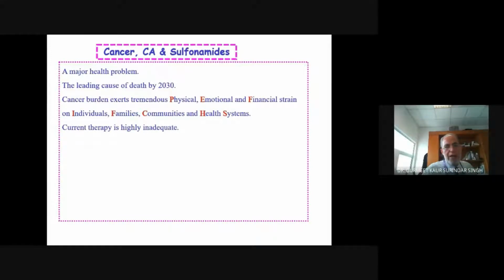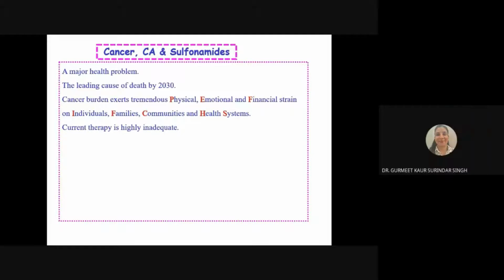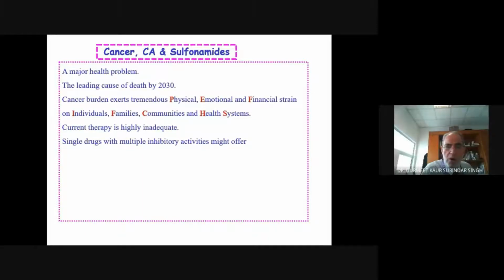Currently, the major treatment systems for cancer, radiotherapy, chemotherapy, or genome-based therapy, are not highly efficient, and some types of them are highly expensive, which people cannot afford. In this regard, scientists proposed to use single drugs or multiple drugs.